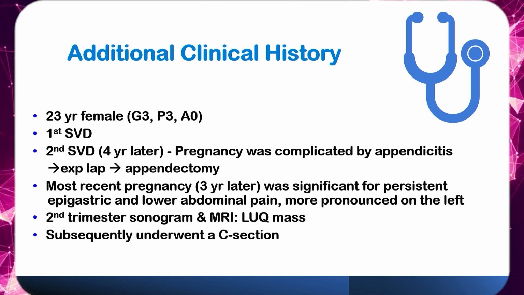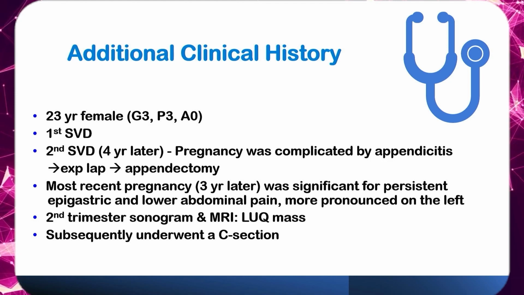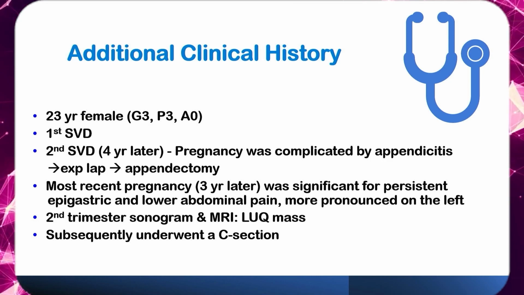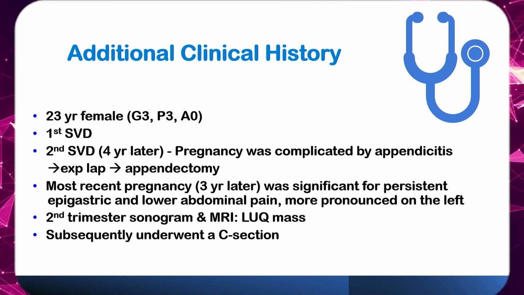The most recent pregnancy, which is this one, 3 years later, was significant for persistent epigastric and lower abdominal pain, which is more pronounced on the left side than on the right. The second trimester sonogram and MRI showed a left upper quadrant mass, and subsequently she underwent a C-section.